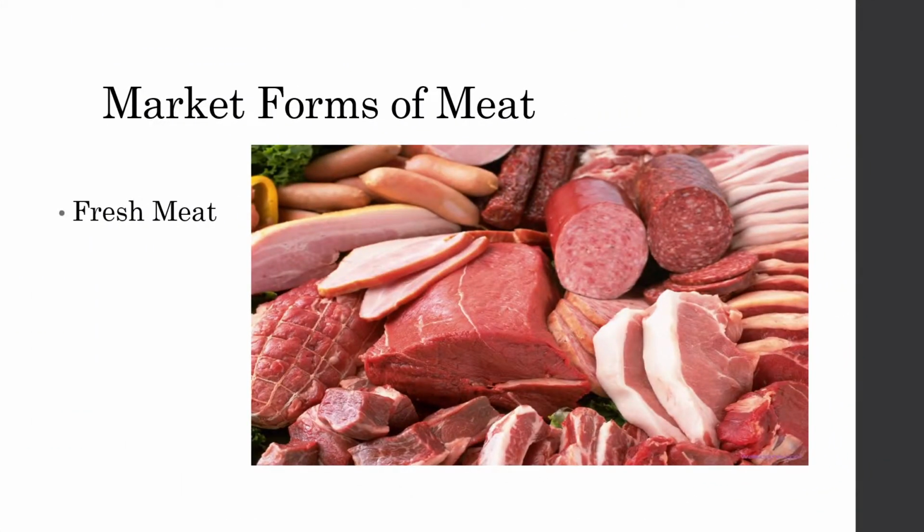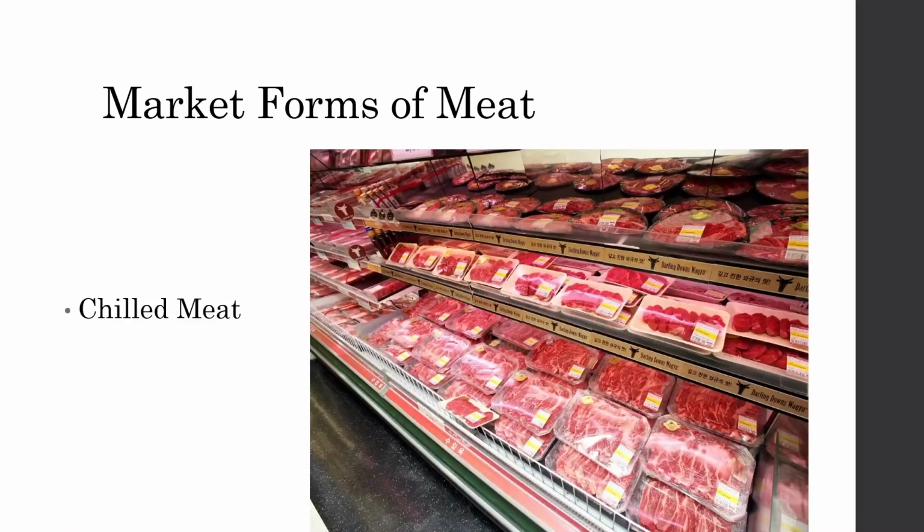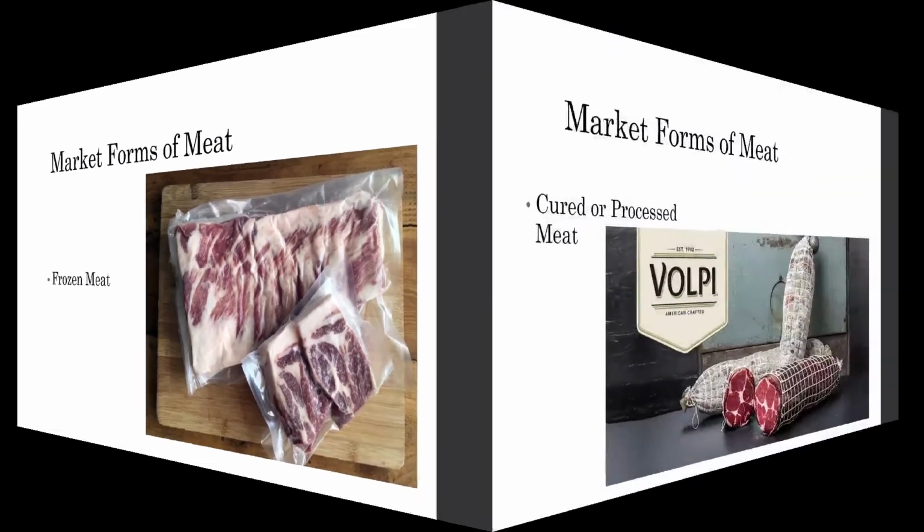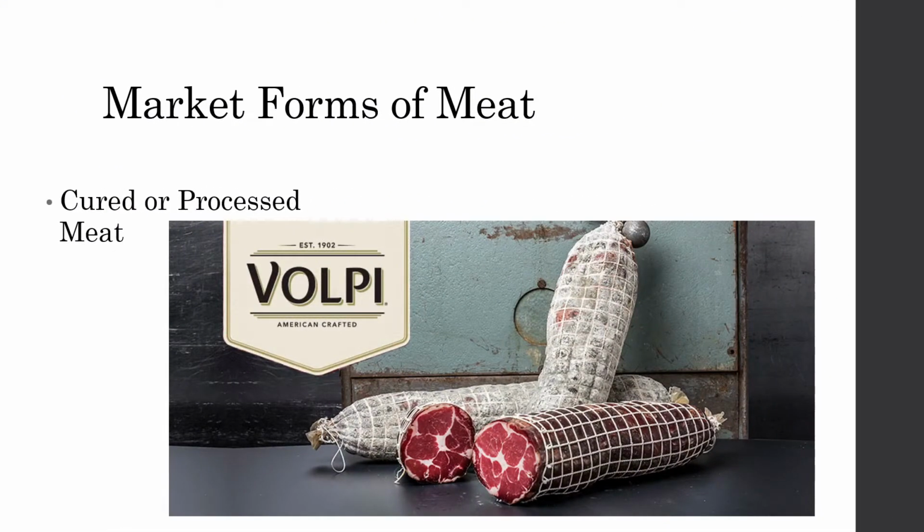Next, let us proceed to the market forms of meat. So, paano ba sila binibenta? Ano-ano yung mga forms or market nila pag ibinenta? We have the so-called fresh meat, chilled meat, frozen meat, cured or processed meat.